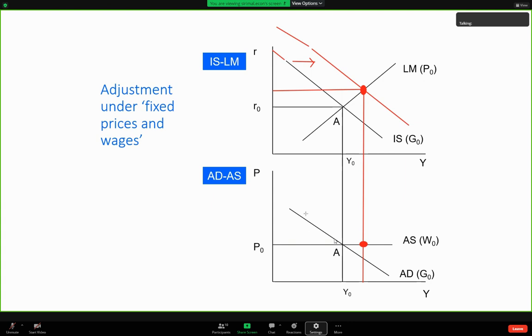So if you draw your AD to go through this point, the shift in aggregate demand in the first graph and the second graph, both are the same. There is no change in price. Why? Because we have an assumption here.